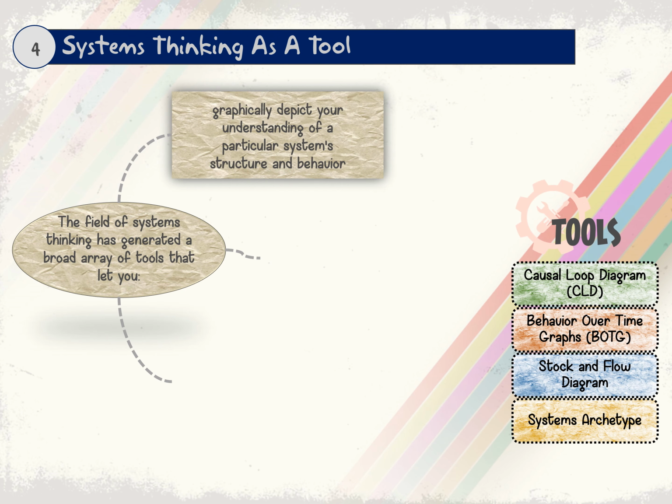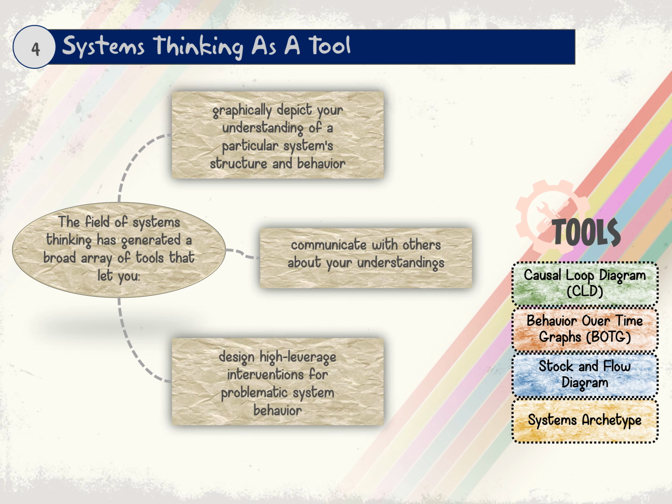Systems thinking can also be used as a tool. It has generated a lot of tools that can be used in the systems thinking field. The function of these tools is basically to graphically depict our understanding, for communication purposes, and for designing high leverage interventions, especially for problematic system behavior.